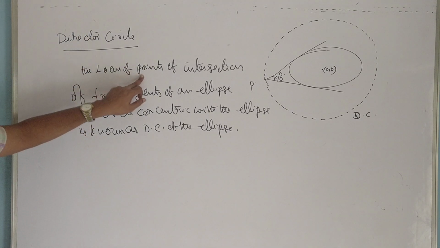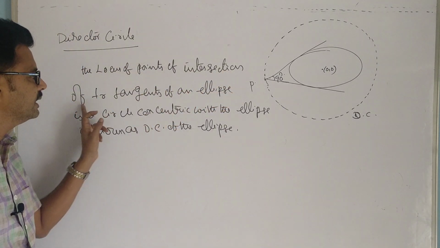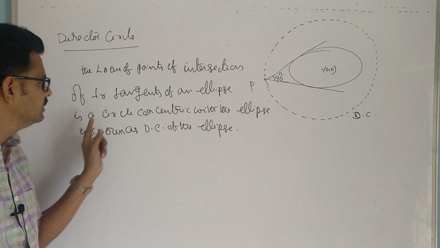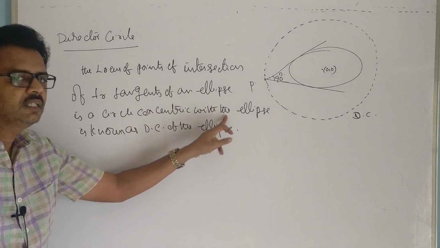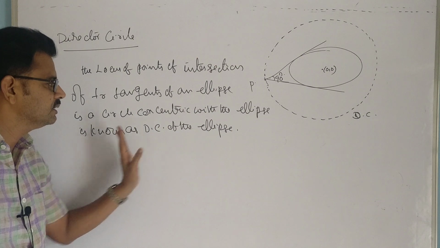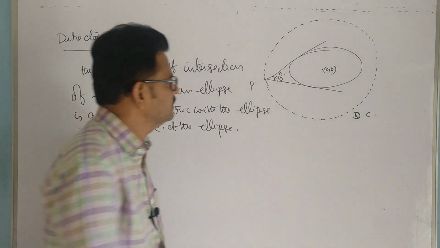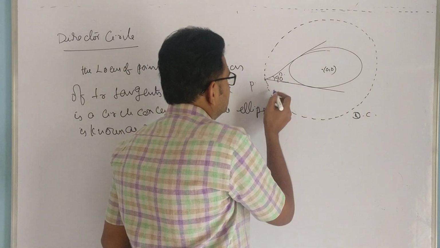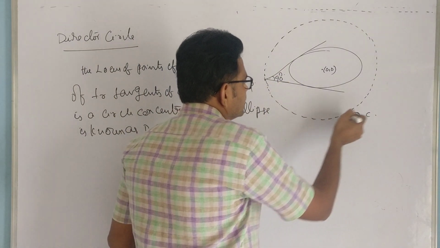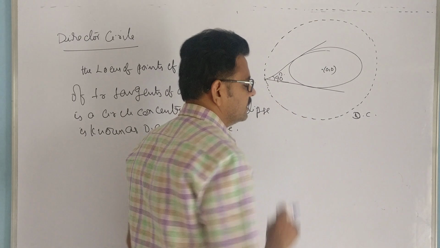The locus of points of intersection of perpendicular tangents of an ellipse is a circle concentric with the ellipse. It is called the director circle of the ellipse. That means the two tangents are perpendicular, and the locus is called the director circle.